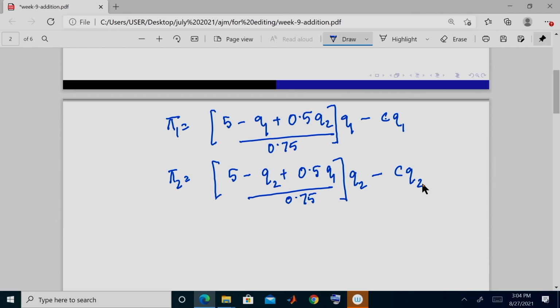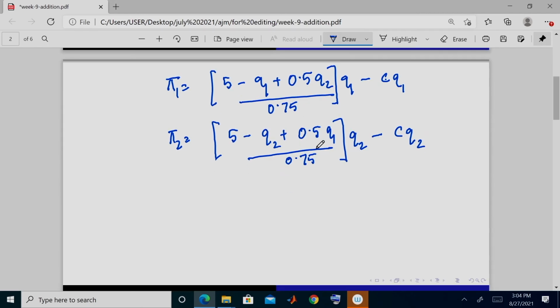So, here we will find the Cournot reaction function from this profit function.